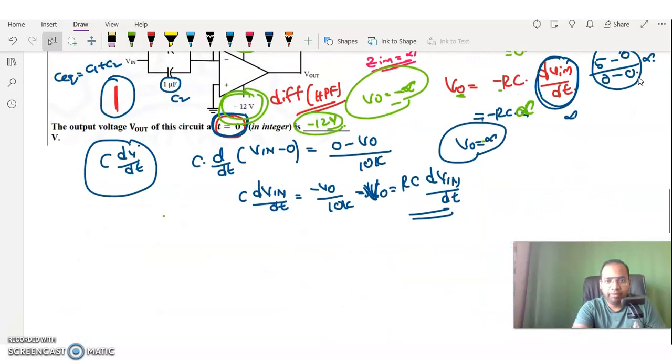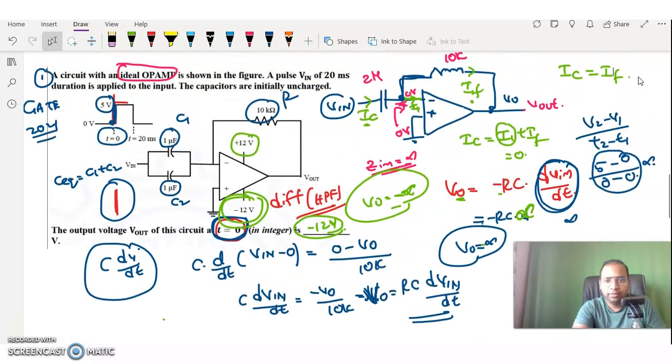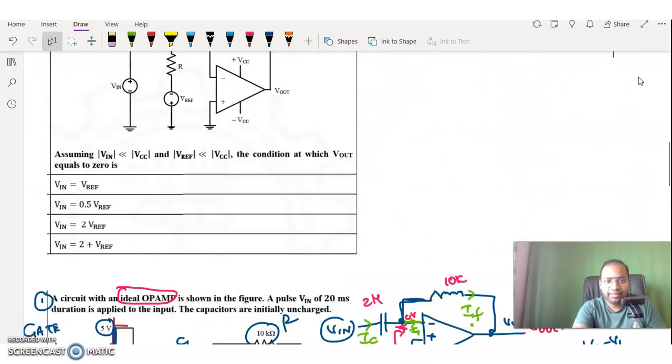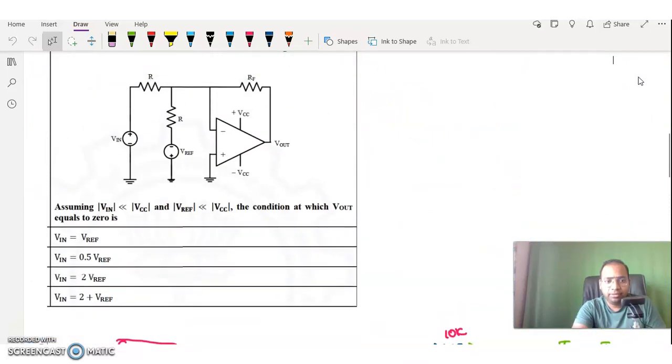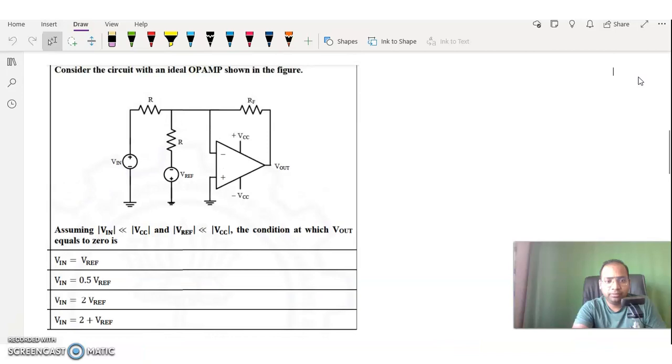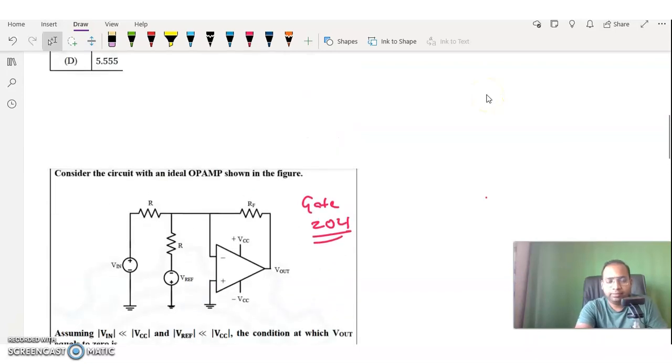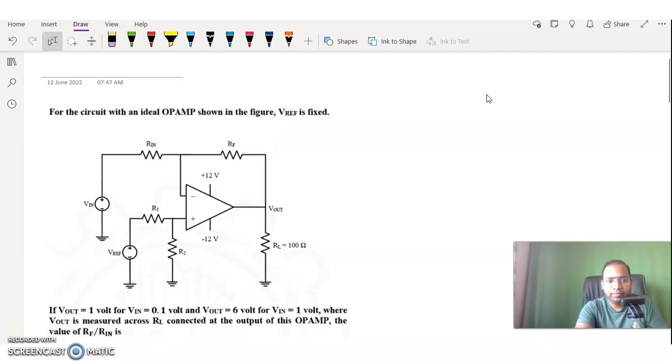with the help of both these question concepts, I am requesting you to solve this question. So please pause the video and note down this question. This question is also a GATE 2021 question. Make a note of this question, and along with this one also, pause the video and make a note.